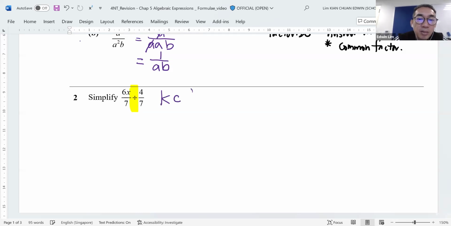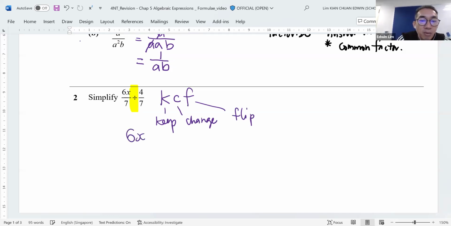KCF. Keep, change the sign, and flip. All right, so I will keep 6x over 7. Change the sign, divide becomes times. Then I will flip 4 over 7, become 7 over 4.